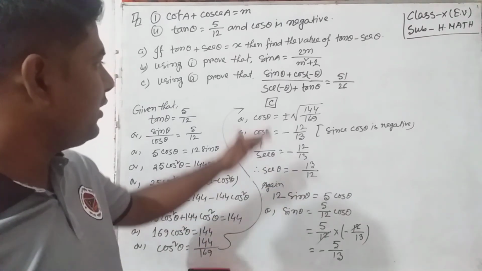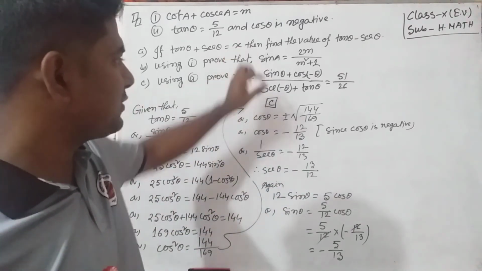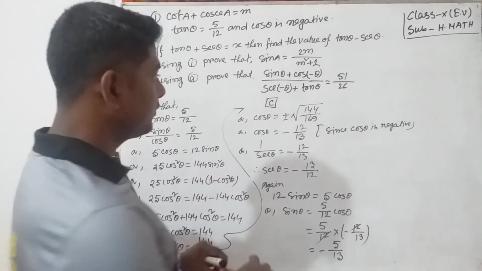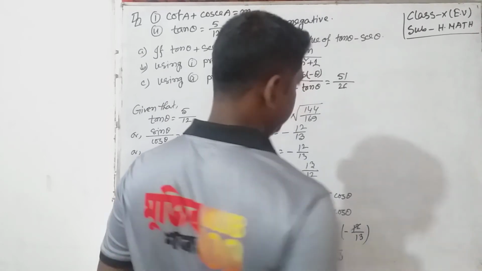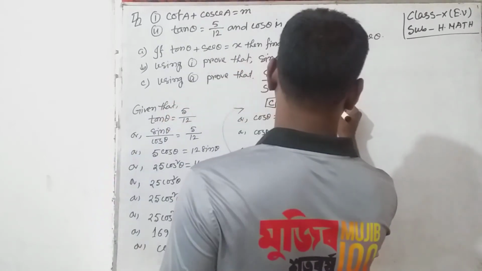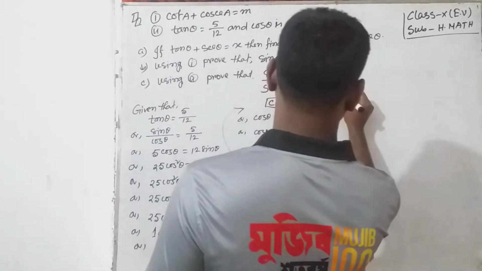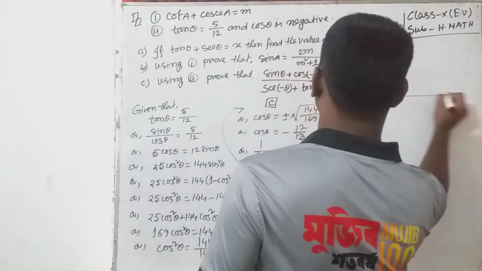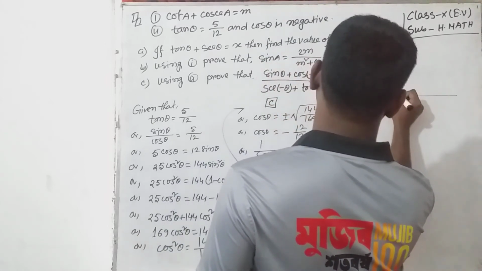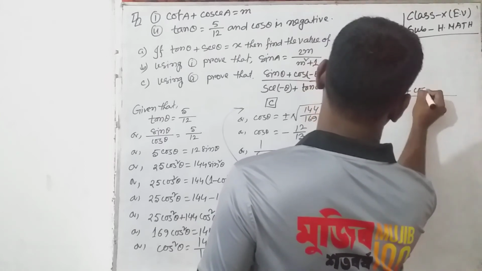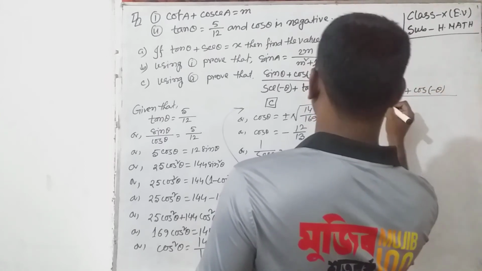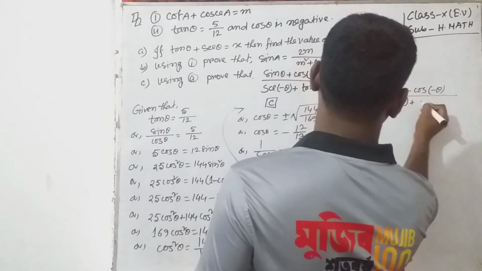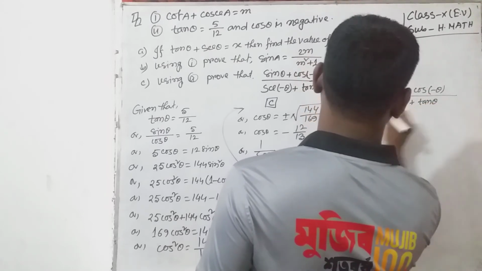Now we apply all the values in the expression. Our left hand side is sin theta plus cos minus theta and sec minus theta plus tan theta.